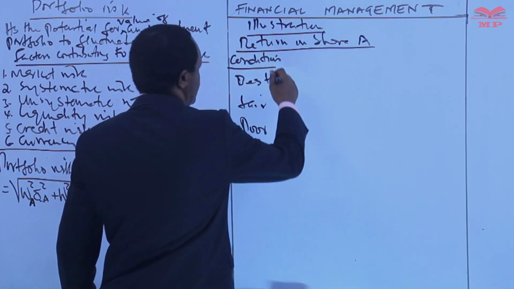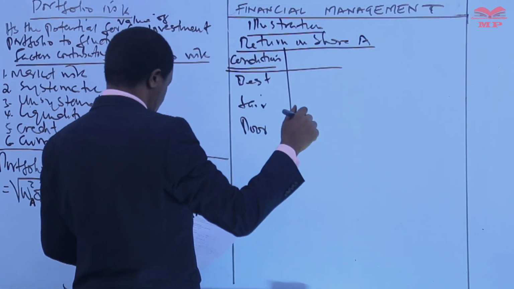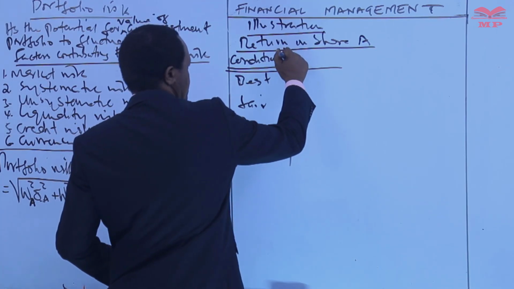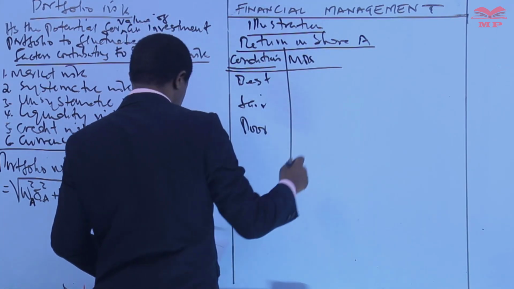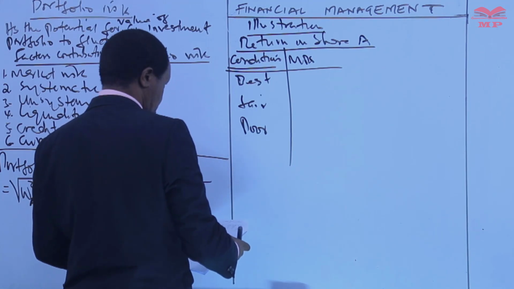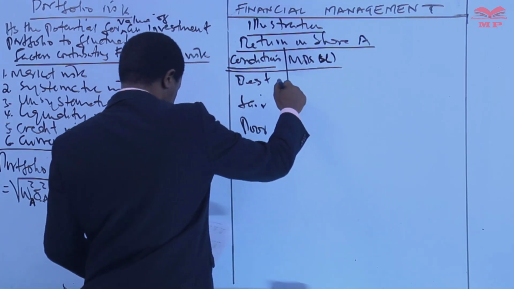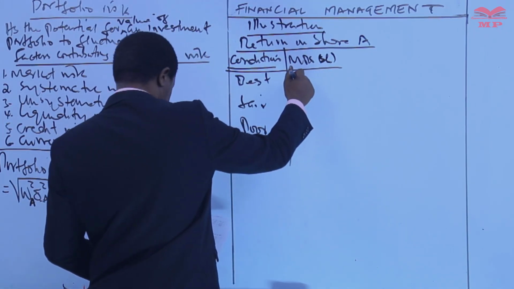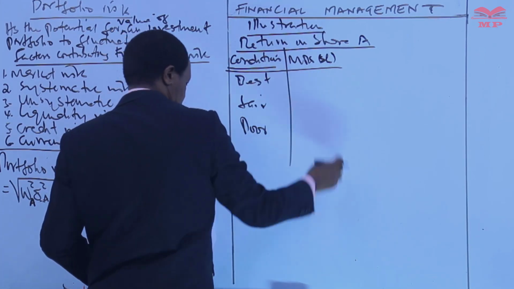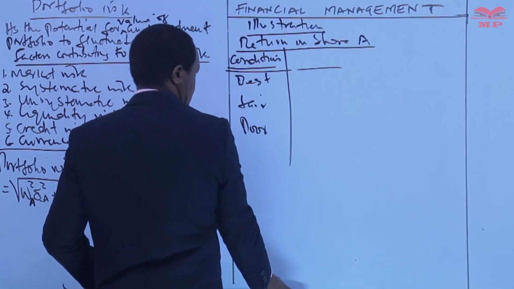Then we have the shillings. When the economy is best, return on share A, this is MPS, the end of year market price in shillings. It is 50. Before this, we have the probabilities.